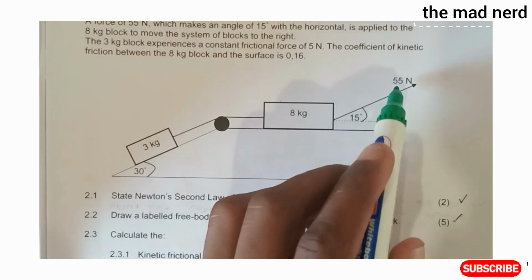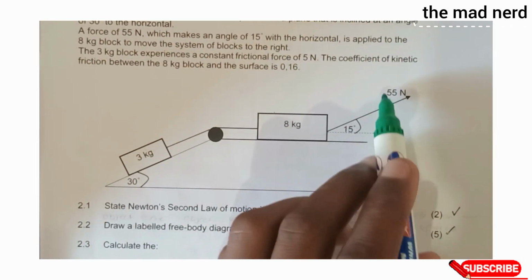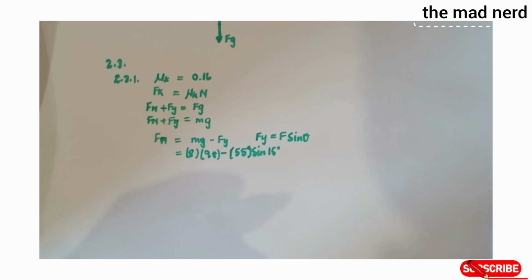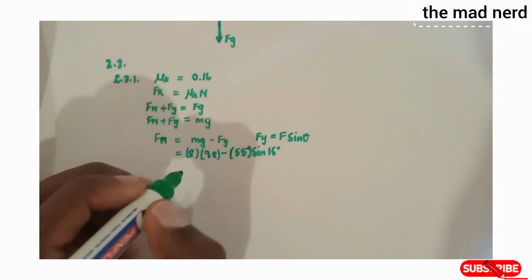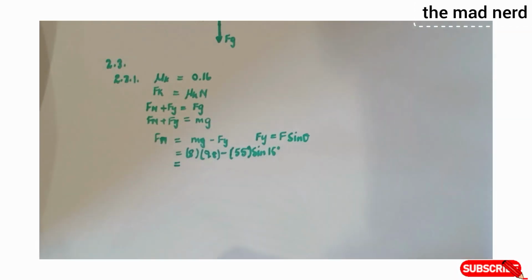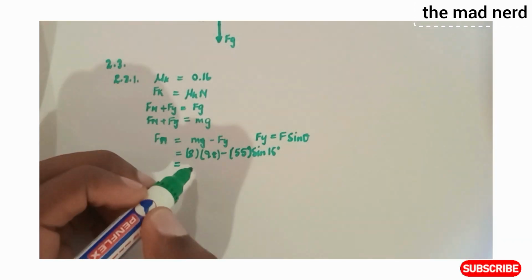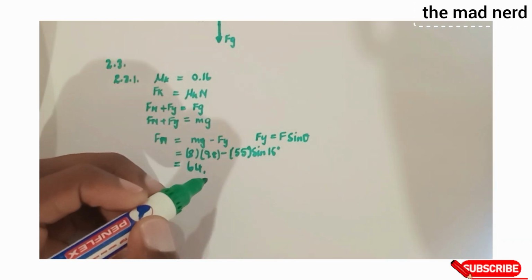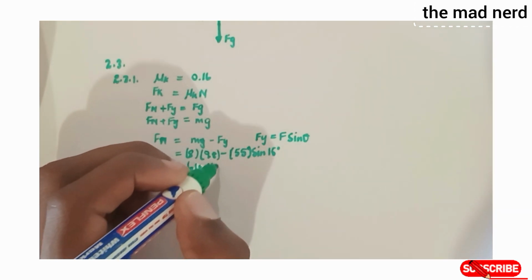The F is 55 newtons. Punching out our calculator, it's 8 times 9.8, minus 55 sine 15 degrees, and we get 64.16 newtons.